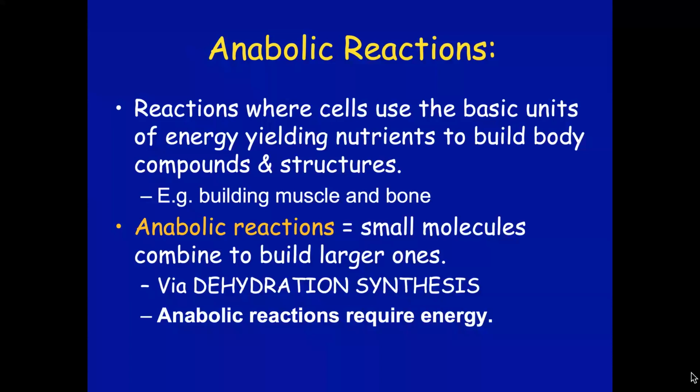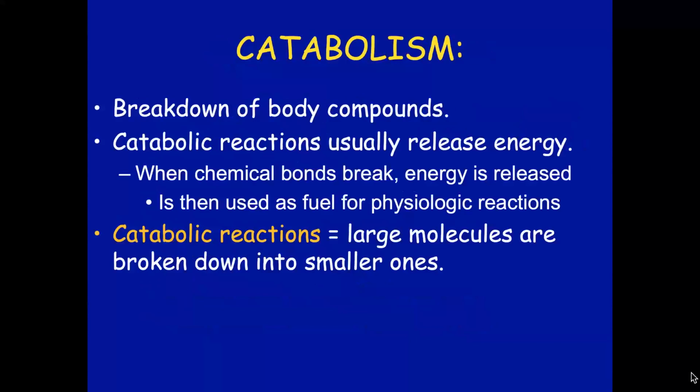So small molecules are combined to build larger ones, again, by dehydration synthesis. Can you tell that's important? If you need to know it. Anabolic reactions are going to require energy. Reverse will be catabolic reactions where you're taking those larger molecules and breaking them down into their building blocks. You are releasing energy because you are breaking chemical bonds.